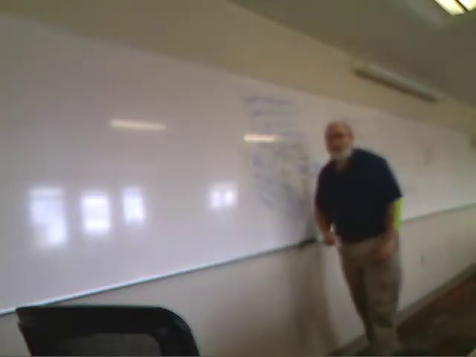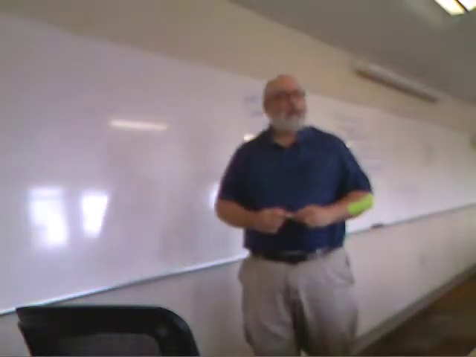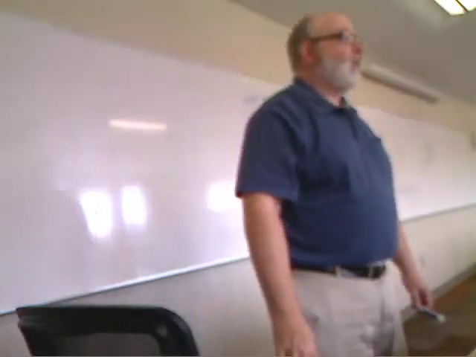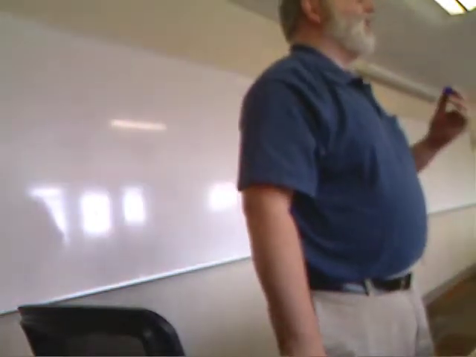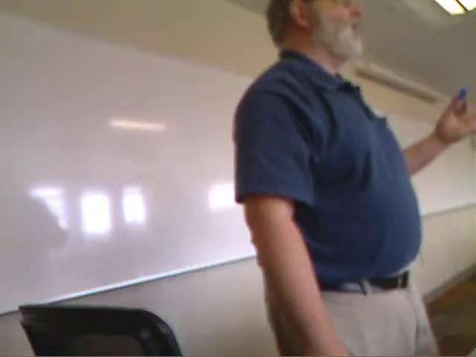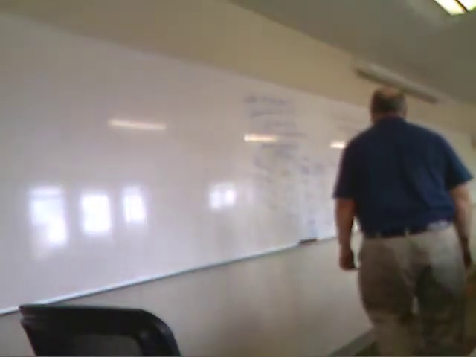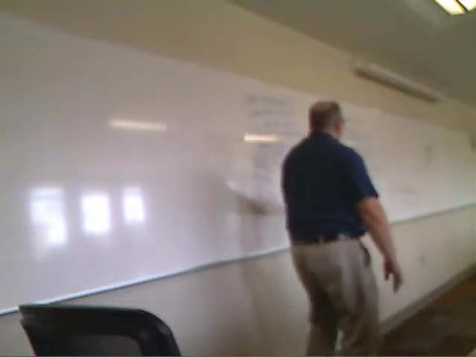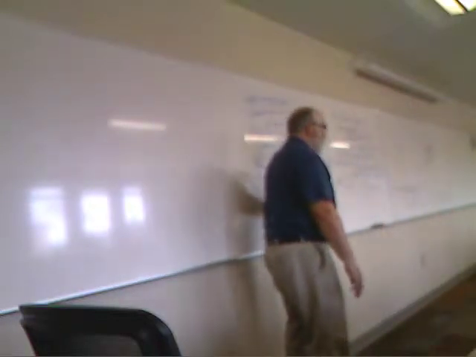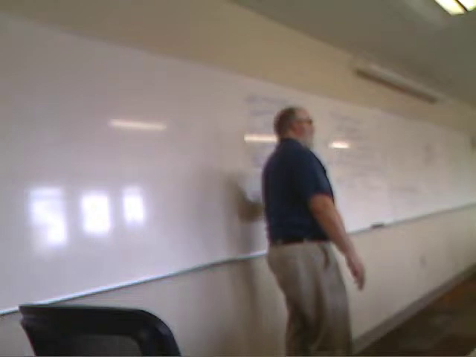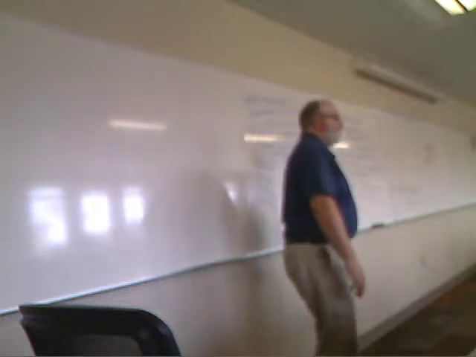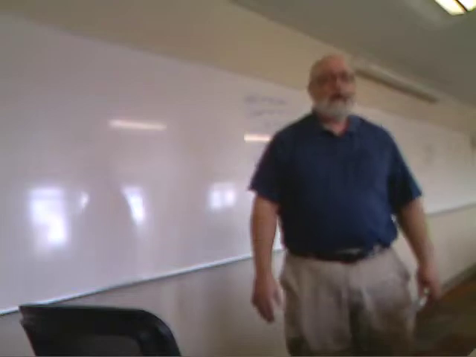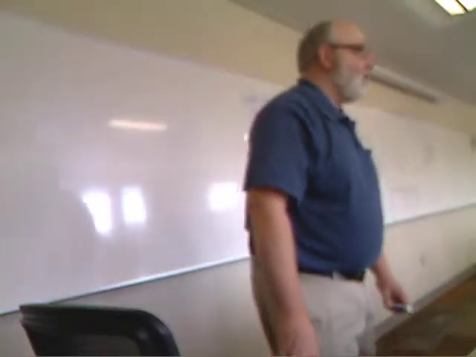K minus 1 is the number of categories minus 1. Categories doesn't start with K, but it sounds like a K, right? So categories minus 1. Here we have 3 degrees of freedom because we have 4 categories. So you need to find table G if you've got it there.